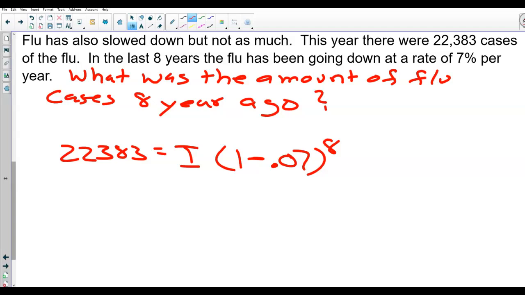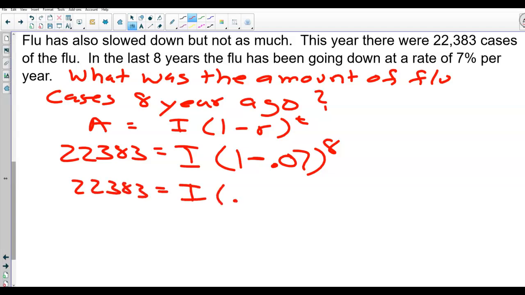The original formula, if you want to write it again, the total amount is the initial amount times 1 minus r to the t. When you put those numbers in, 22,383 equals I times 0.93 to the 8th power.